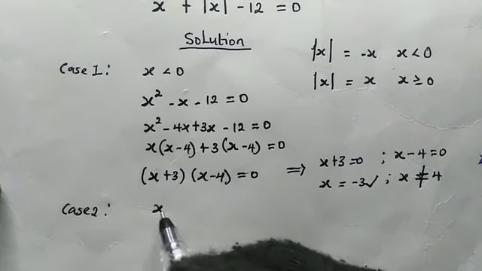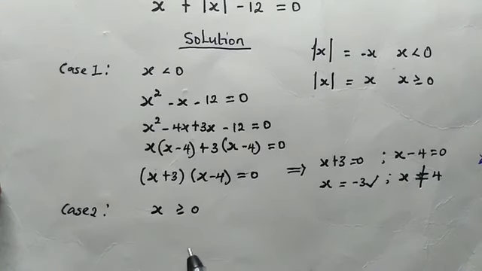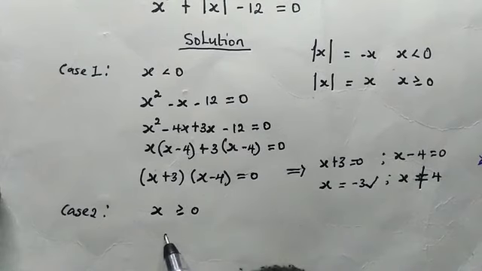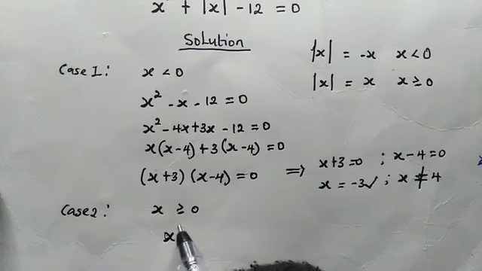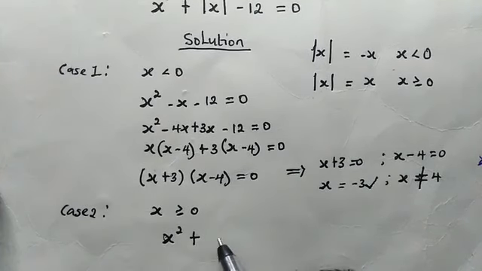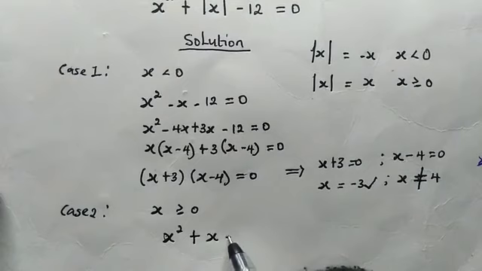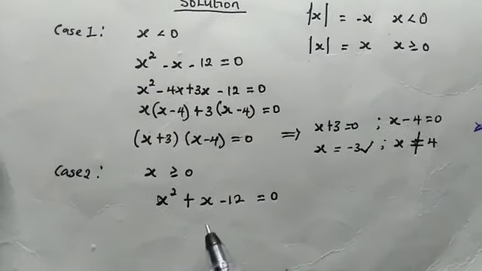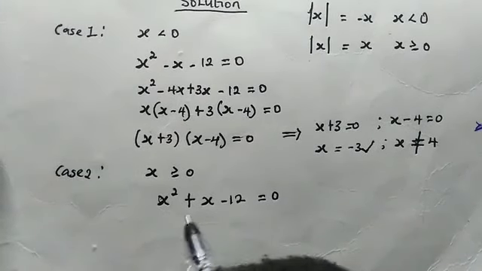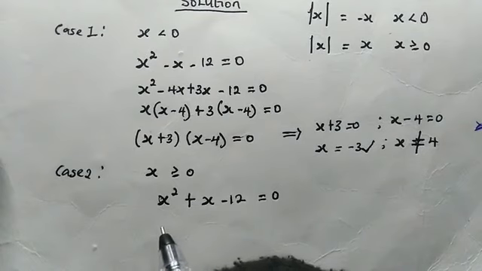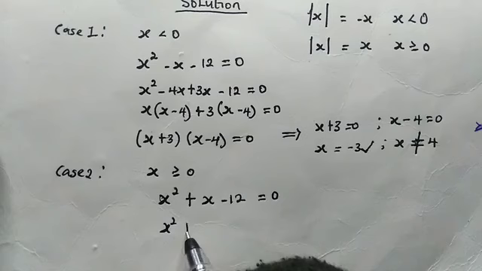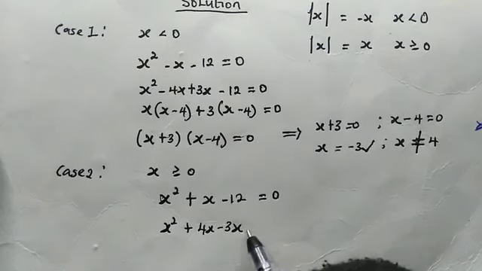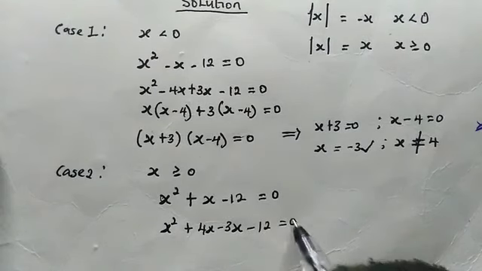Case 2 is where x is greater than or equal to 0. Therefore, the absolute value of x here will be positive. So we have x squared plus the absolute value of x, which will be positive x, then minus 12, equal to 0. Once again, we're going to factorize the left-hand side because this is a quadratic equation. We have x squared plus x, which we can write as 4x minus 3x, and here minus 12, equal to 0.